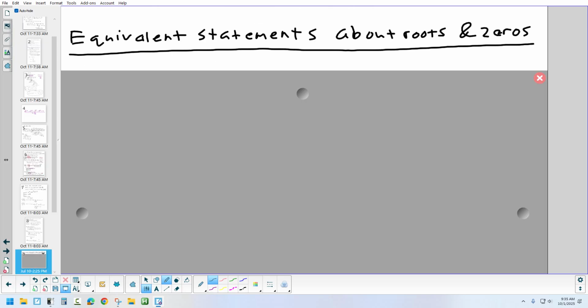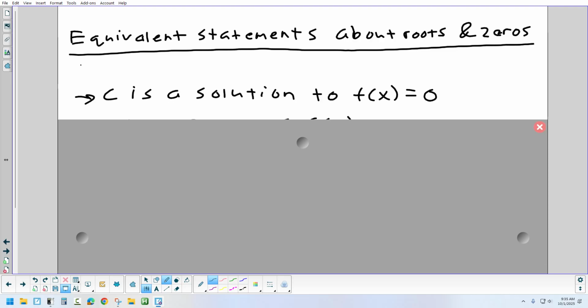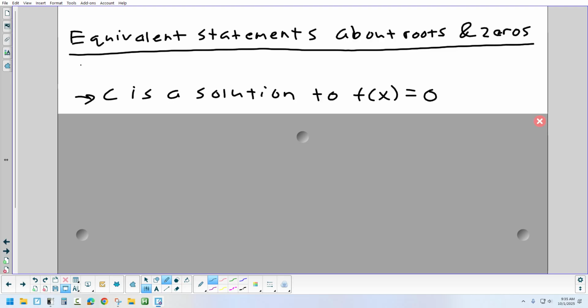All right, so let's look at this. These are all equivalent statements about roots and zeros. Let's say that you have a number that is a solution to the equation f of x equals 0. So pretend like it's something like 2x plus 6 equals 12.